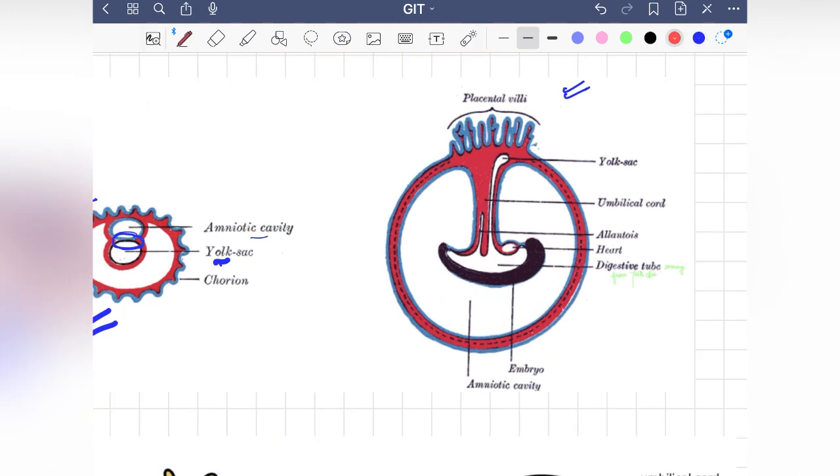You can see this blue line that was the interior of the amniotic cavity is now stretching all the way around the growing embryo. What you have in the middle of the screen is a white area which used to be the yolk sac, and this is now a hollow tube that is going to grow into the digestive tract, also called the digestive tube, and it comes from the yolk sac.